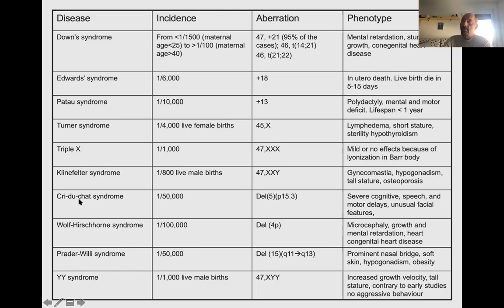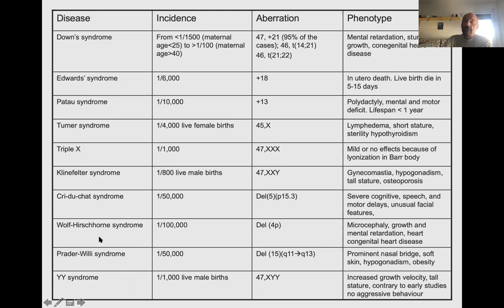Cri-du-chat is French, meaning cry of the cat, because of the very peculiar facial expression. It's not a numerical aberration, it's a structural aberration. It's a deletion in chromosome 5 in the band p15.3. It causes severe cognitive, speech, and motor delays, and these unusual facial features that look like a cat.